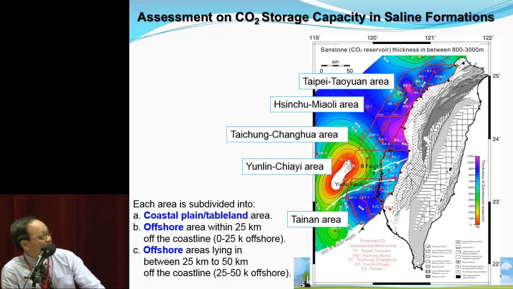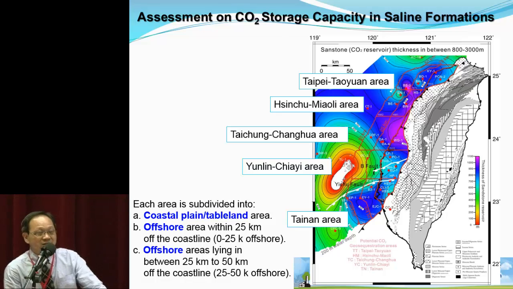This one shows that, especially in this area, we have the thickest reservoir rocks, but here we have thinner ones. We divided the regions into different sectors from north to south, and into the coastal plain, from the coastline up to 25 kilometers, or 25 to 50 kilometers.